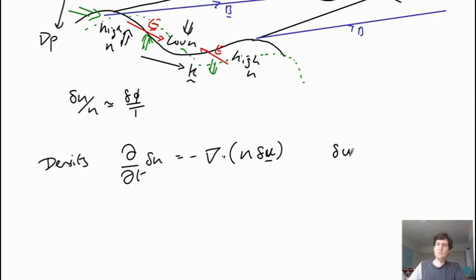And here we're just going to assume that delta U is just the E cross B drift, which is moving the density inwards and outwards. And so this is just 1 over B squared, B cross grad phi.